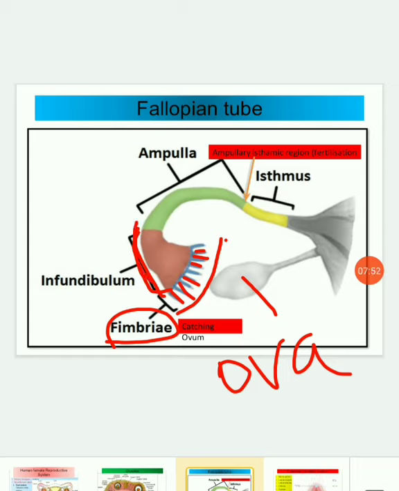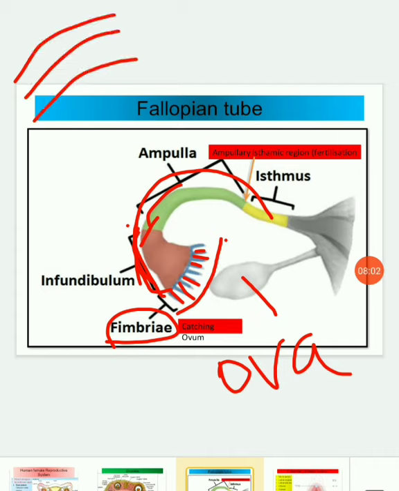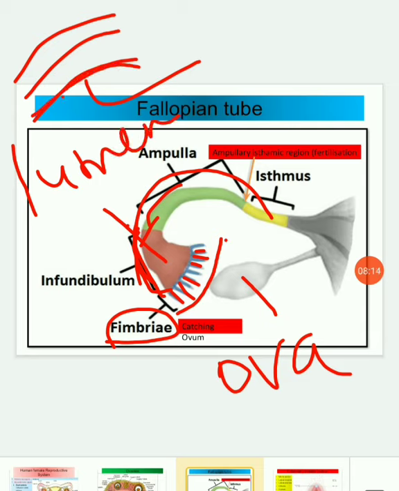If we look at the structure of the whole fallopian tube, the lining has three layers. The innermost is called mucosa. It forms the lumen, the luminal surface. It is responsible for creating some current inside the lumen, because of which the released ova can easily move till the uterus.